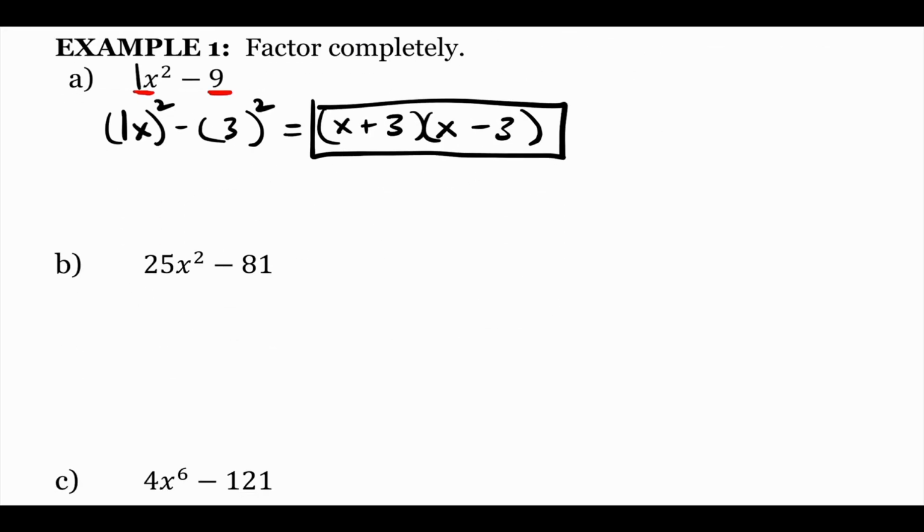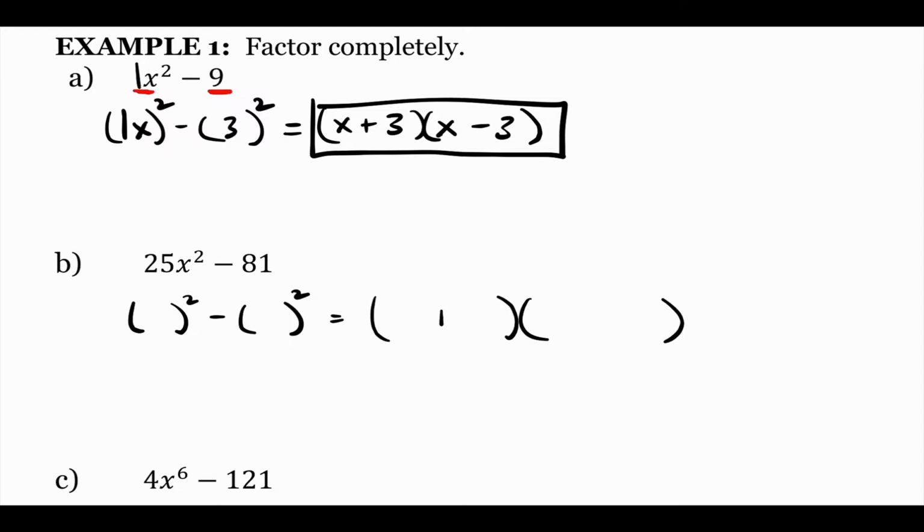Okay, so let's look at B. Is B an example of difference of squares? Two things have to happen. You have to have two numbers on my list, and there has to be a subtraction in the middle. That's the case, so we're going to have a plus and a minus. What is the A term?